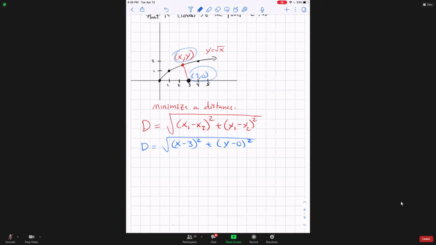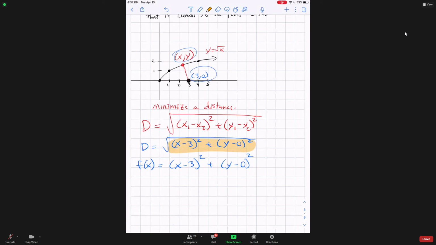Now what I'm trying to do is minimize the distance, d. But I'm going to create a new function called f of x, and it's just going to be what the radicand is. And here's my logic. If I can just minimize what's inside the radical, I basically minimize the whole thing, the radical as well.